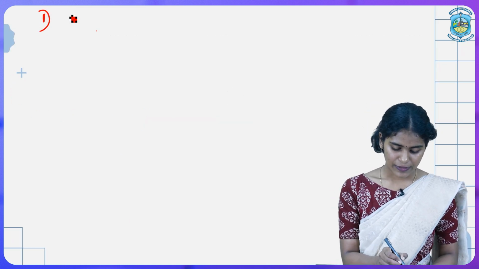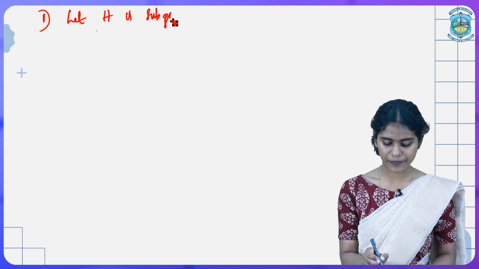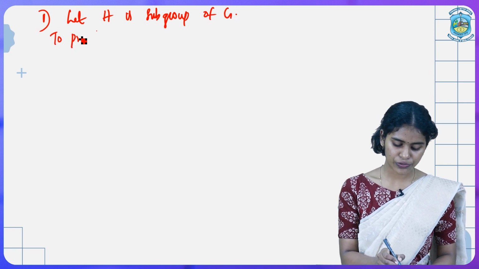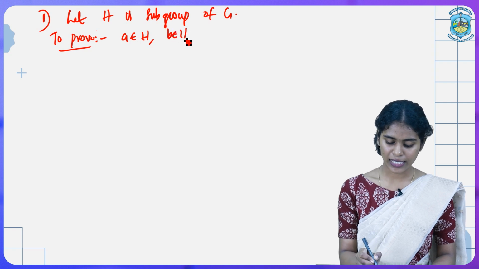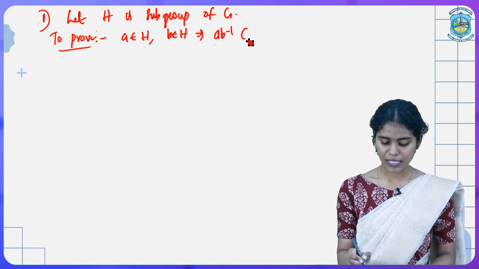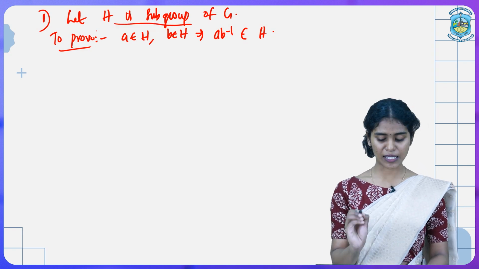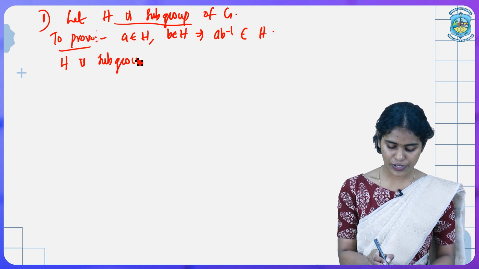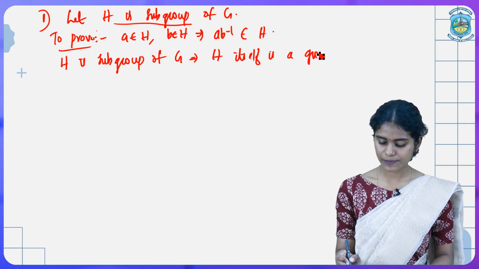First part, let us assume that H is a subgroup of G. And what are we supposed to prove? A belongs to H, B belongs to H implies AB inverse belongs to H. Now, what do we mean by H is a subgroup of G? H is a subgroup of G implies that H itself is a group.